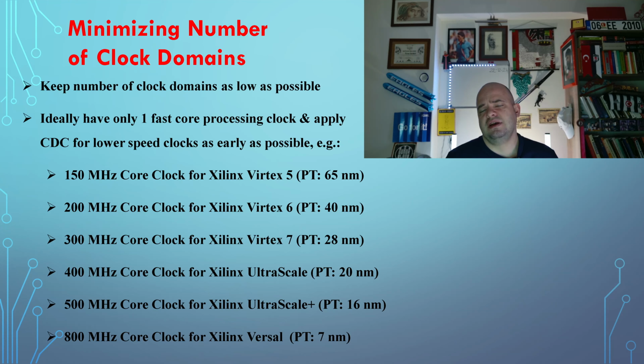Instead, having one fast core clock inside the FPGA or SoC and transferring all other lower speed peripheral signals to that clock domain as early as possible improves placement and routing results. Also, timing is closed in an easier way.